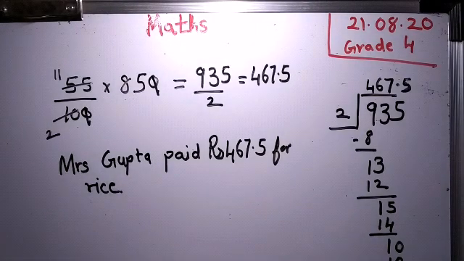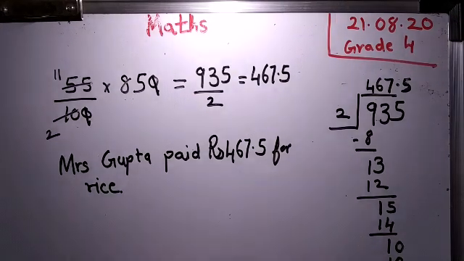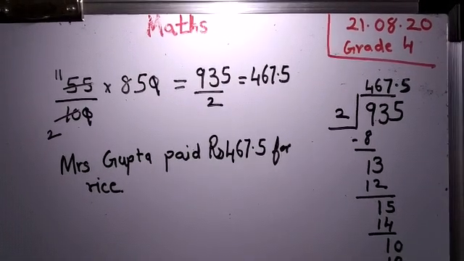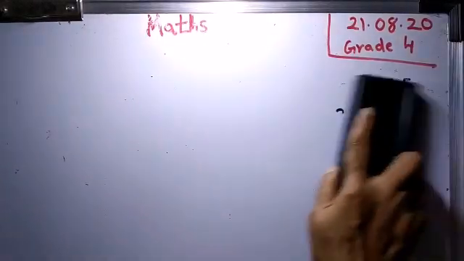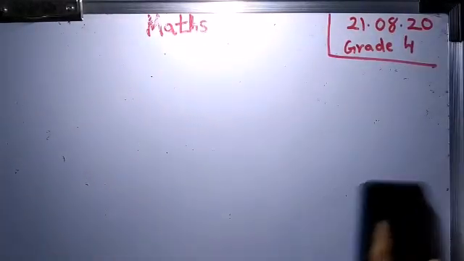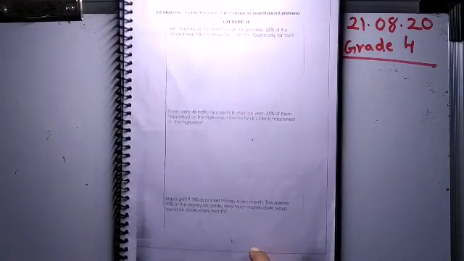Right, children? Okay. Now we move to the next sum. Let's erase this. Children, most of you have got this right. Okay, this was direct. Let's do the next one.